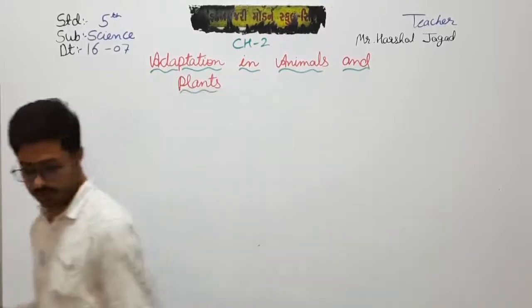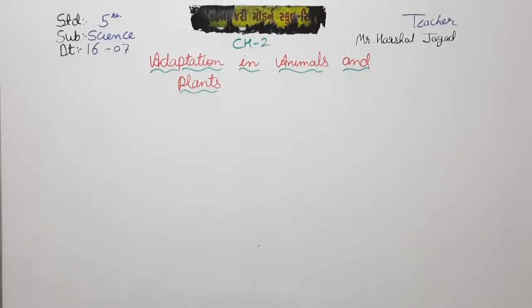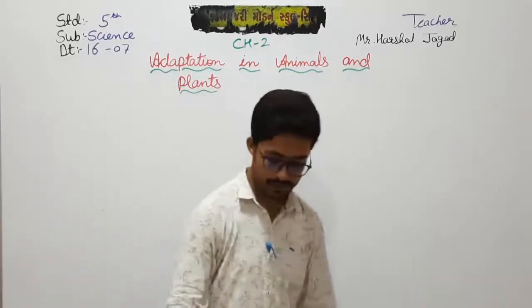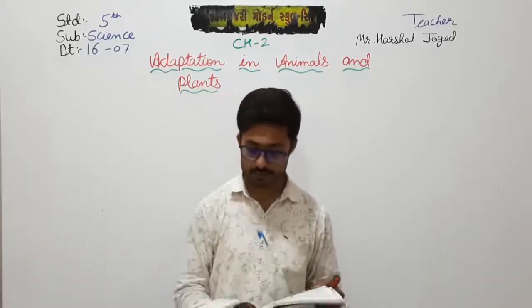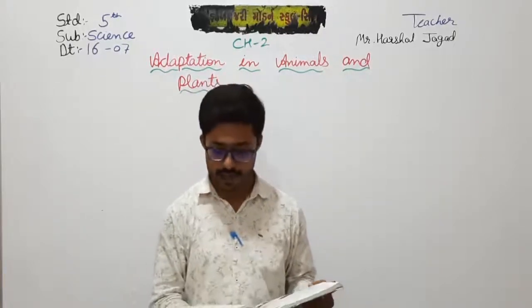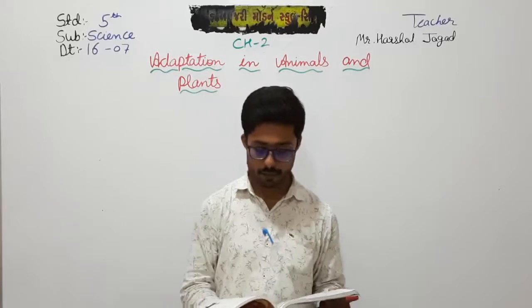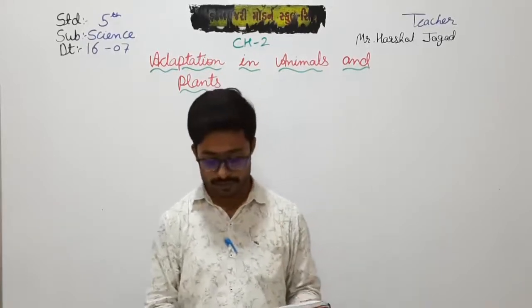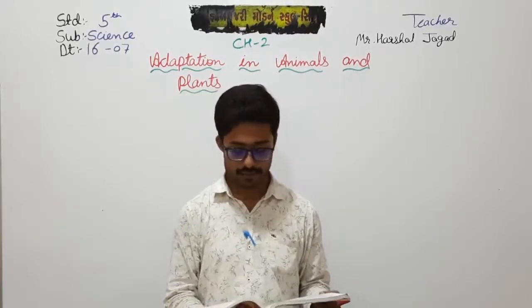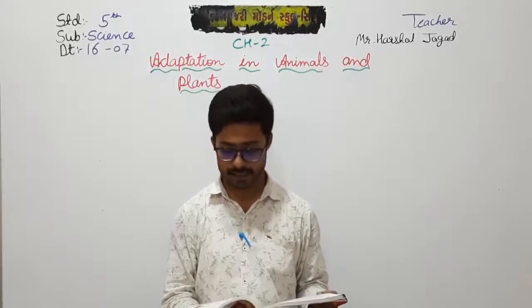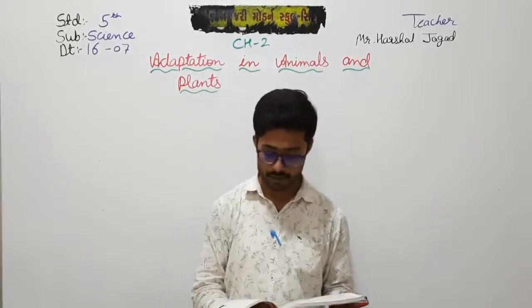Now let us first of all read that. Animals that live in very cold regions have bodies covered with thick fur to protect them from the cold. Second, they have a thick layer of fat below the skin for further protection.